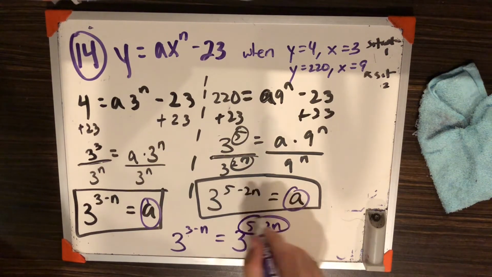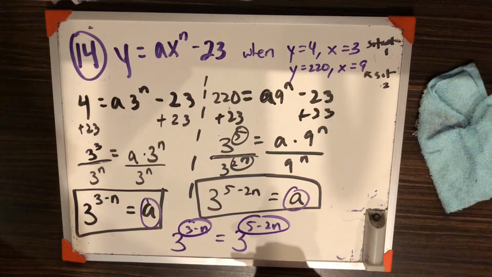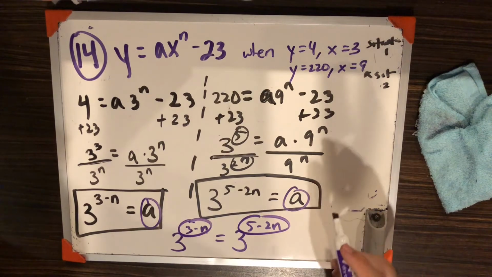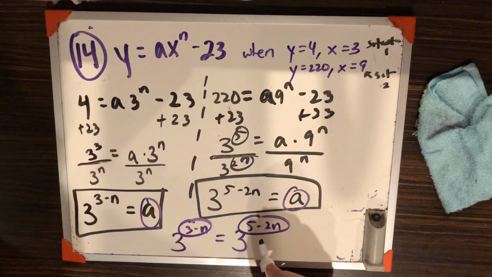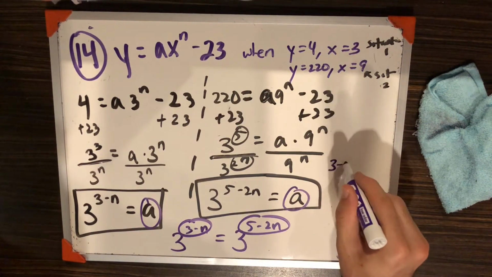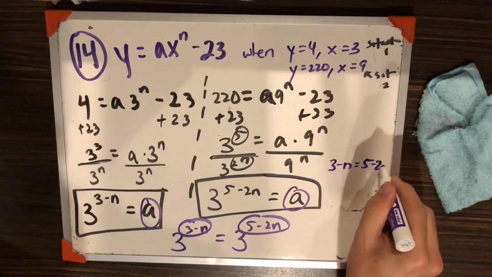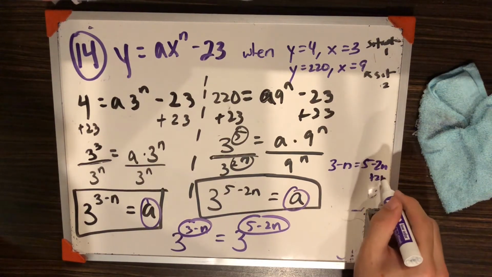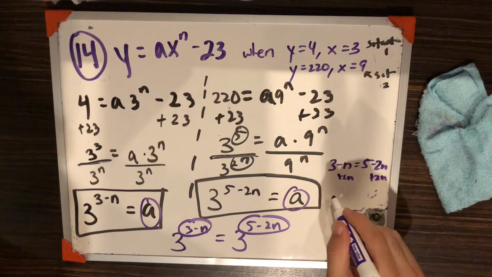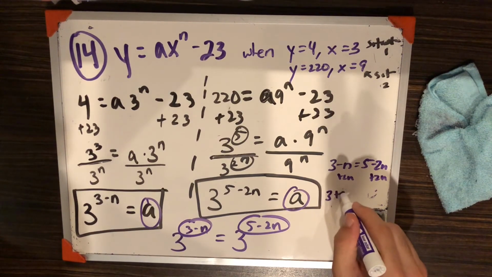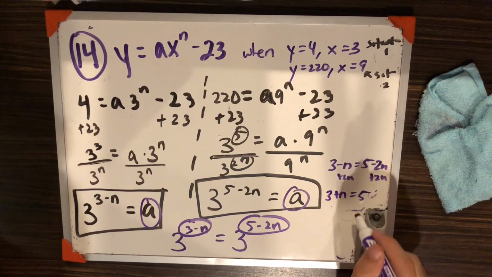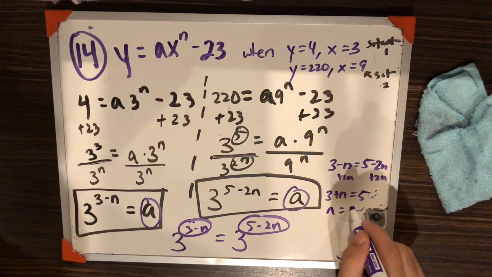Same base, which is awesome because I can set the exponents equal to each other. So 3 minus n is equal to 5 minus 2n. Adding 2n to both sides, that would be 3 plus n is equal to 5. N would eventually be 2.